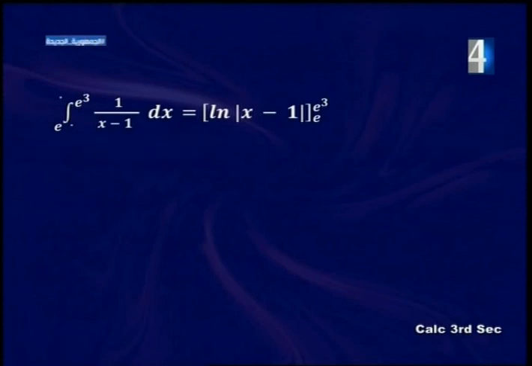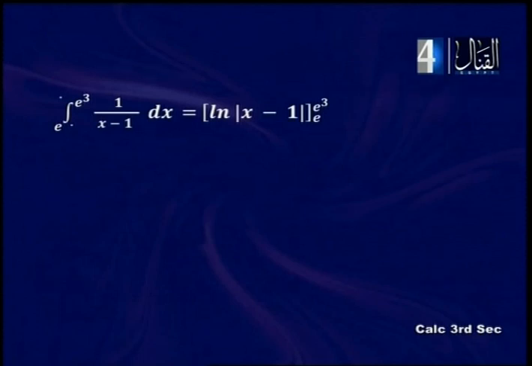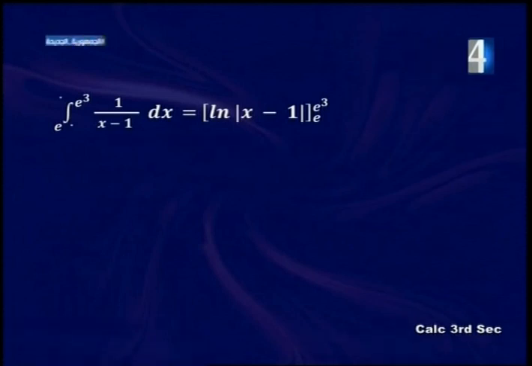Now we have the quotient 1 over x minus 1. The numerator 1 is the derivative of the function in the denominator. Then the integration equals ln absolute x minus 1 from e to the power 3.